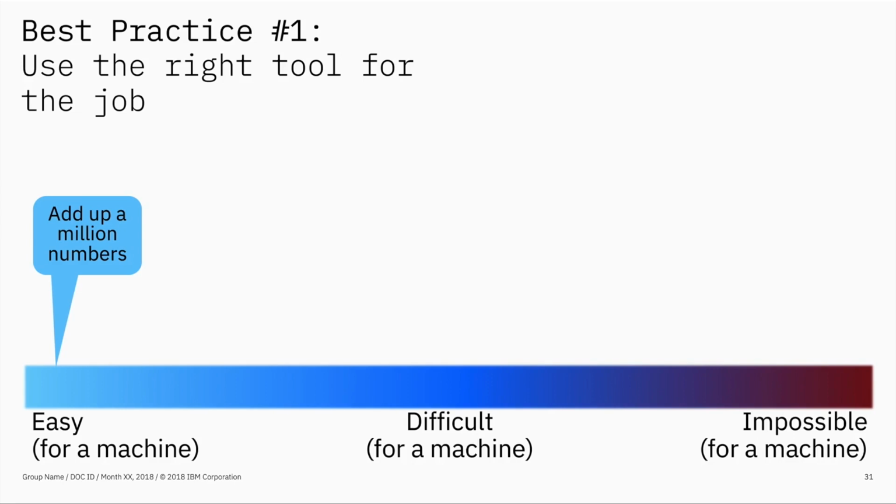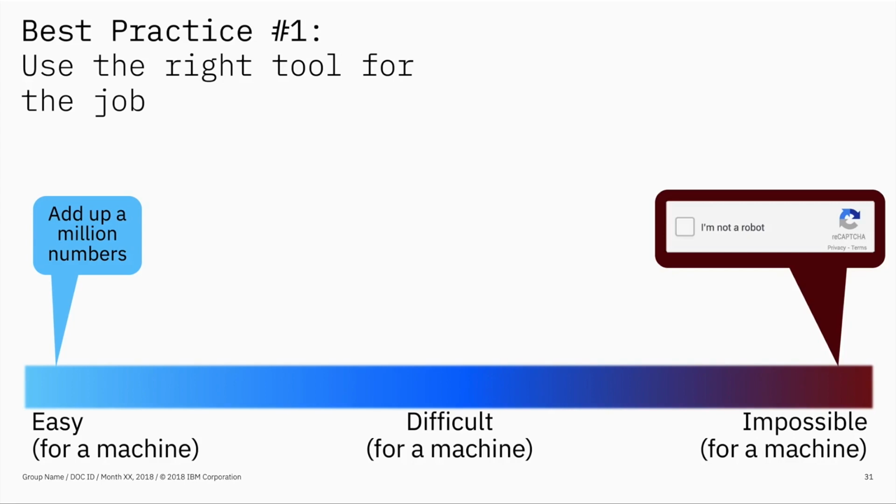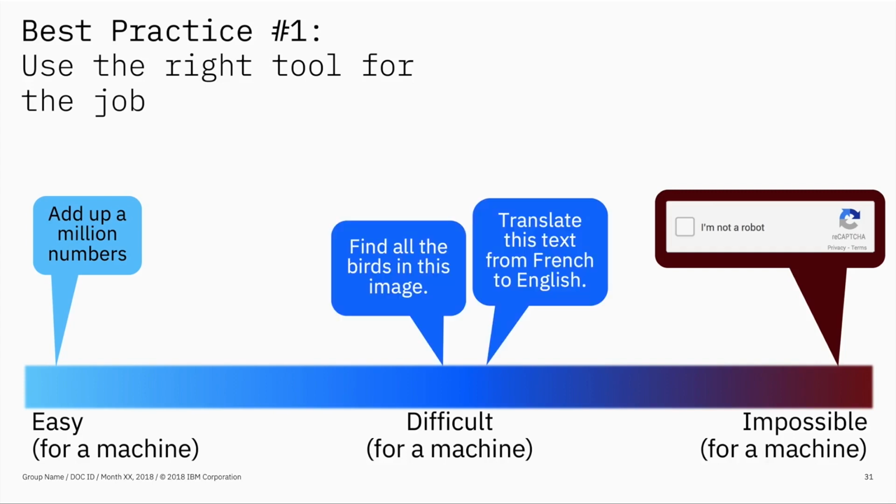At the other end of the spectrum, we have the tasks that are impossible for a machine to do with today's technologies. And in the middle, well, that's where we have the tasks that you've probably heard about in the news as new AI breakthroughs recently, things like finding objects in images or translating text from one language to another. Well, these tasks in the middle that are difficult but not impossible for a machine, people have a name for these kinds of tasks.